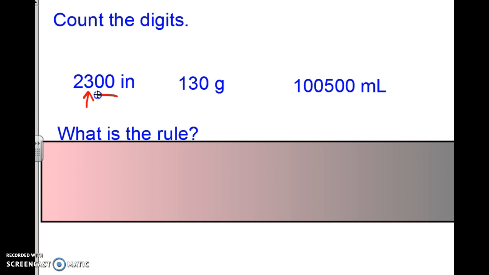So if I look at this number, it would have 2 significant digits. If we were measuring in a lab, this 3 could go up to a 4, could go down to a 2. So we're really saying our measurement is between 2,200 inches and 2,400 inches. These zeros and not having a decimal point there are saying our accuracy really goes to the hundreds place.